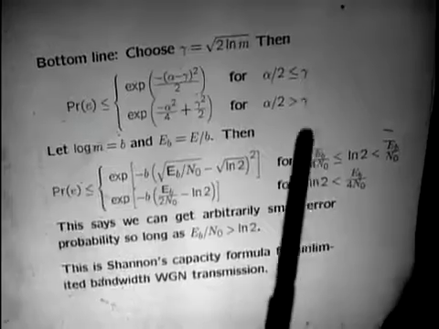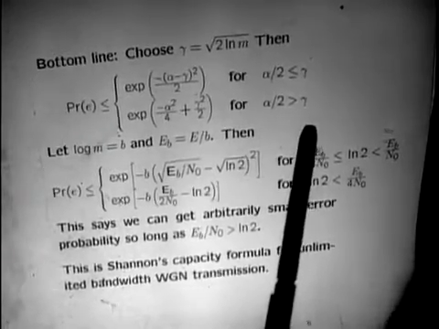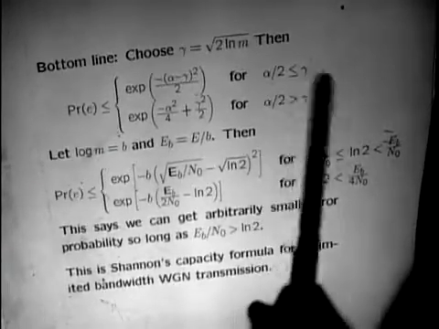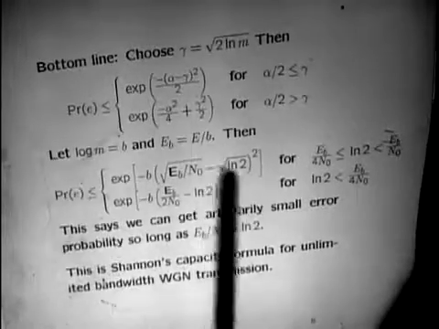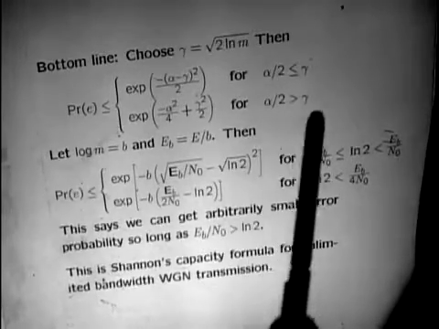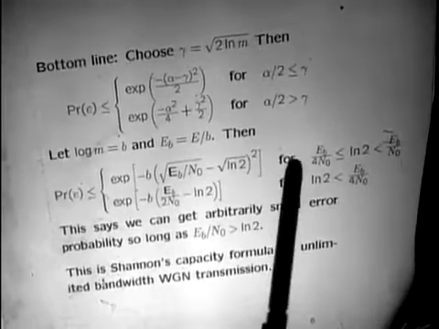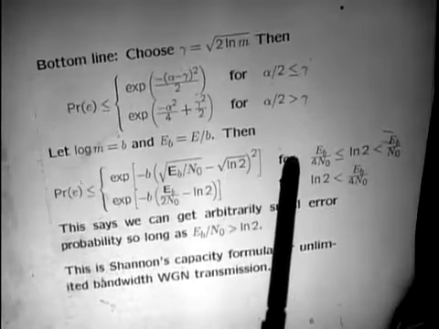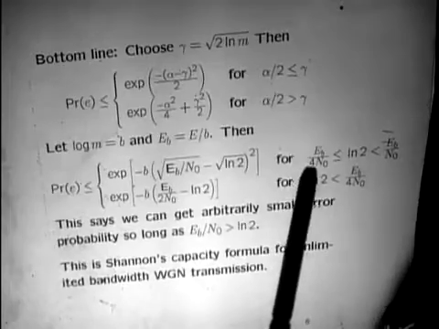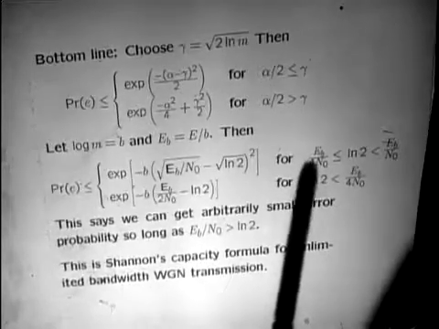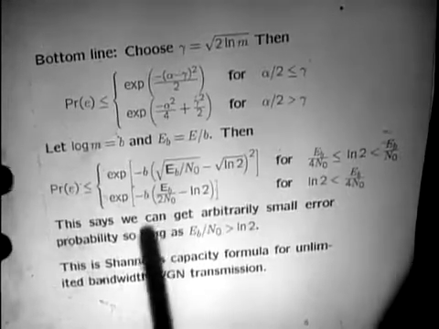And here are these two alternatives that we spoke about. Namely, when alpha over 2 is less than or equal to gamma, we get this. When alpha over 2 is greater than gamma, we get this. And this involves choosing gamma in the right way so that the union bound is about equal to 1 at gamma.